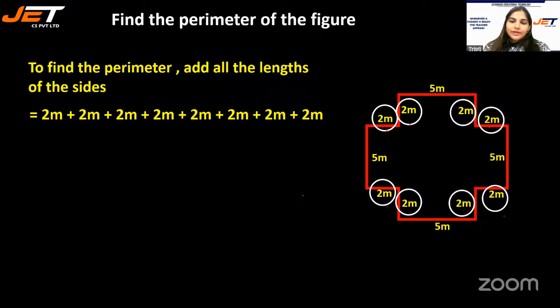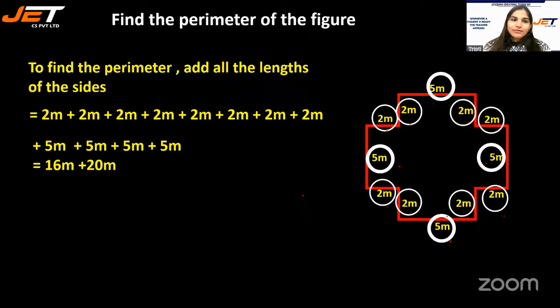Added all of them. Then you can add the 5 meters. 5 meters are 1, 2, 3, 4 times. 5 plus 5 plus 5 plus 5. So 2 added 8 times, we can also write it as 2 times 8, which is 16 meters. And 5 added 4 times, we can also write it like 5 times 4, which is 20 meters.